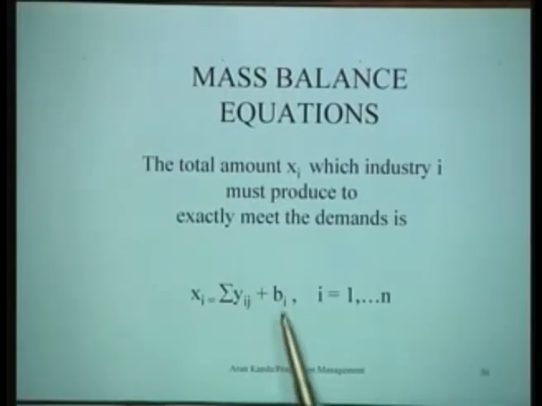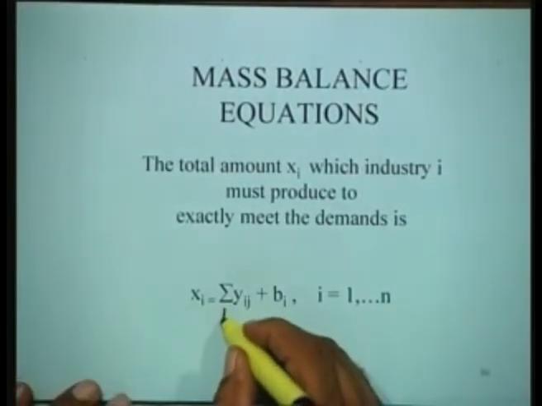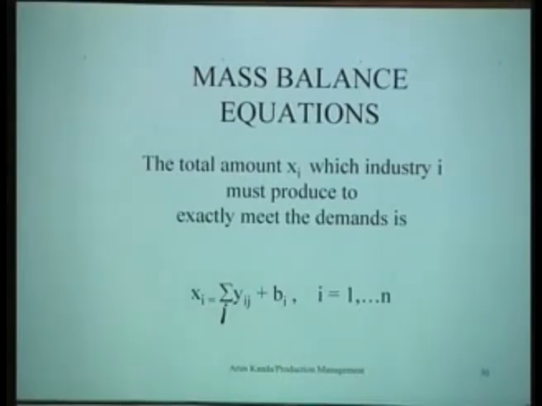Bi is the exogenous demand and Yij is the amount which is going to industry J. So, this summation would be over all J. For instance, this should be J here. The total amount flowing from I to all other industries plus Bi should be equal to the production for that. It is a simple mass balance equation. This is like, in electrical engineering, Kirchhoff's current law.